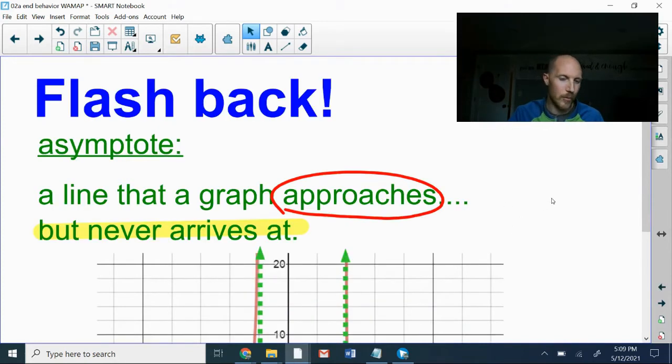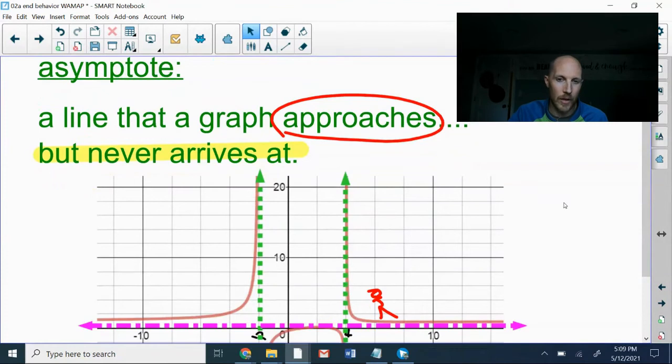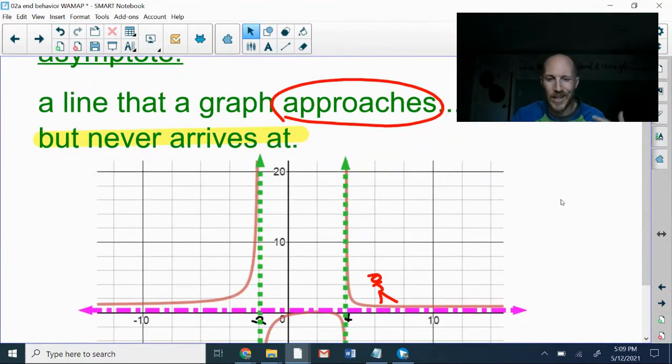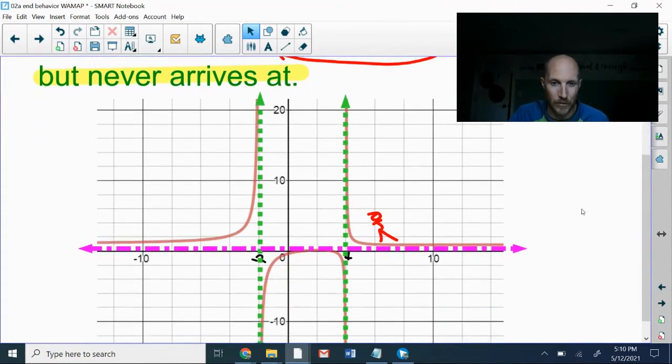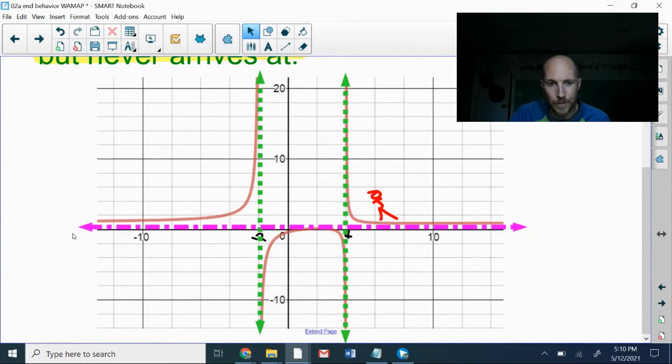You remember from previous math courses, or maybe from me mentioning it the other day, that an asymptote is a line. It's not actually part of the graph, but it's like a reference line that a graph approaches but never actually arrives at. And so here's the graph that has this pink dotted line representing a horizontal asymptote, and the two green dotted lines represent vertical asymptotes.